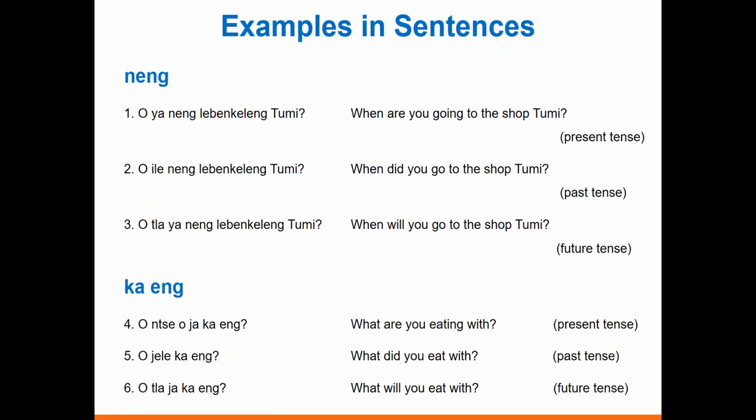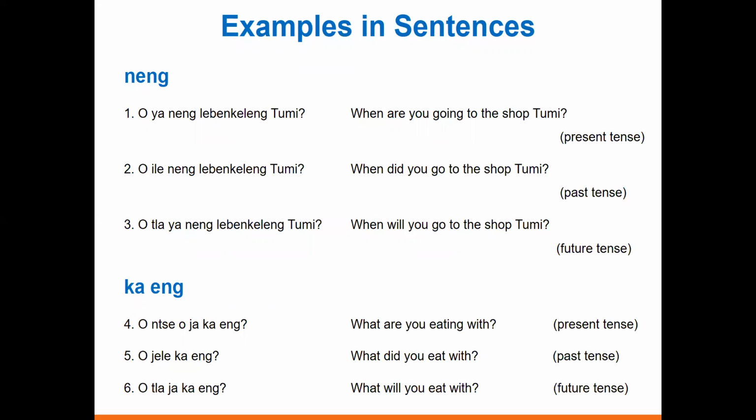Ning, o ya ning lebenkeleng tumi, o ile ning lebenkeleng tumi, o tla ya ning lebenkeleng tumi. Again, these examples of question words do not undergo a morphemic change. We simply add morphemes.